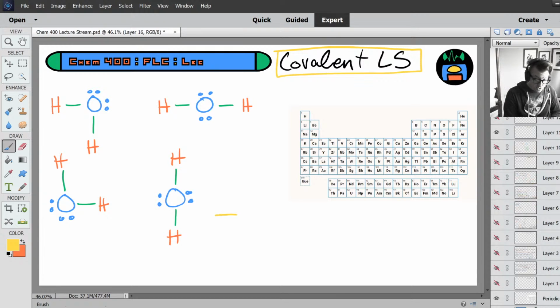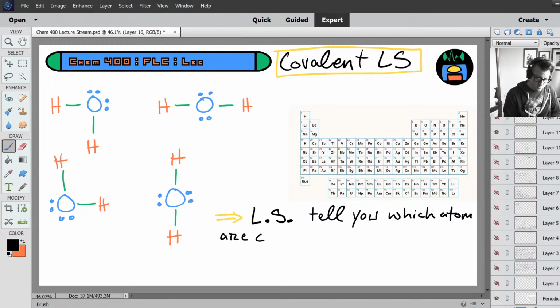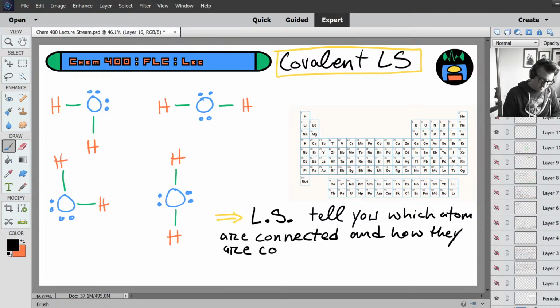Is his right? And here's a very important thing to stress about Lewis structures: Lewis structures tell you which atoms are connected, and how they are connected.